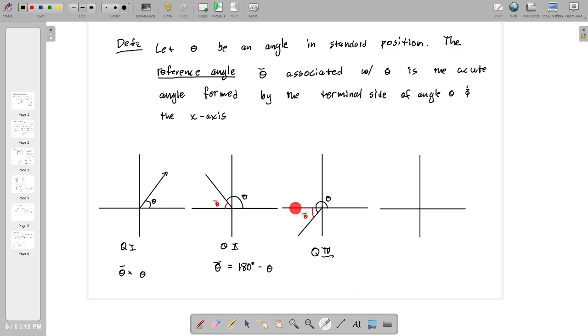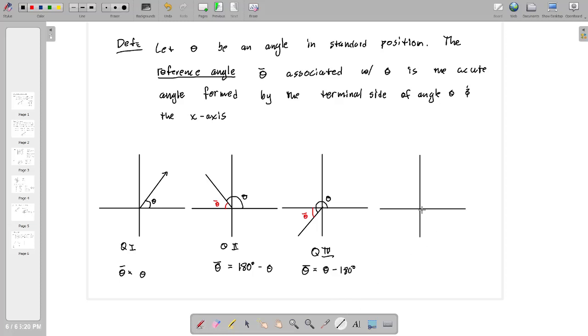Well, again, this is 180 degrees, a straight line. So we would have 180 plus theta bar is equal to theta, because theta passes 180 degrees. So you could think of it as theta bar plus 180 is equal to theta. If you subtract the 180 over, you have theta bar. So we'd have theta minus 180 degrees.